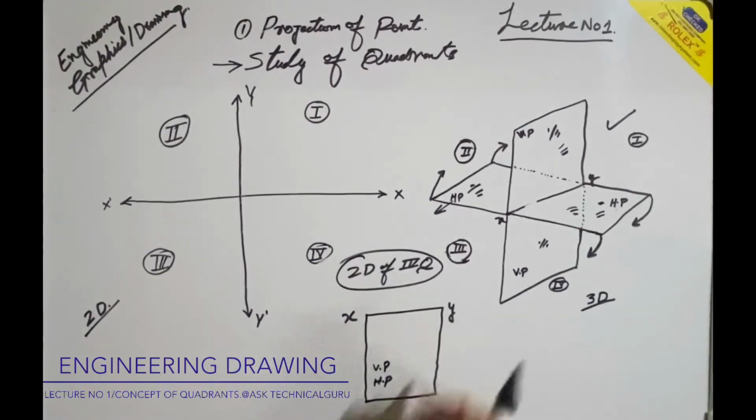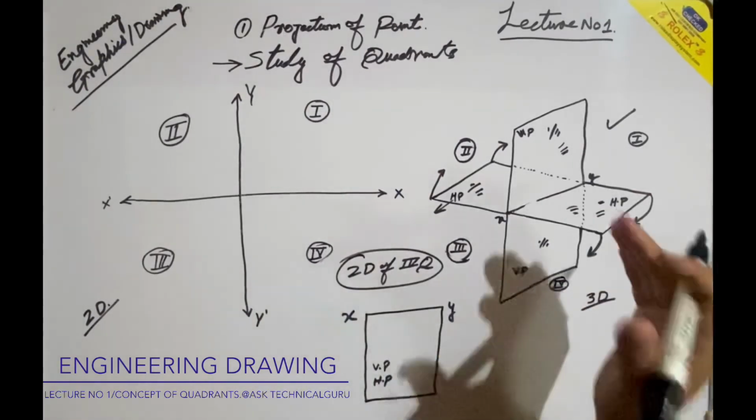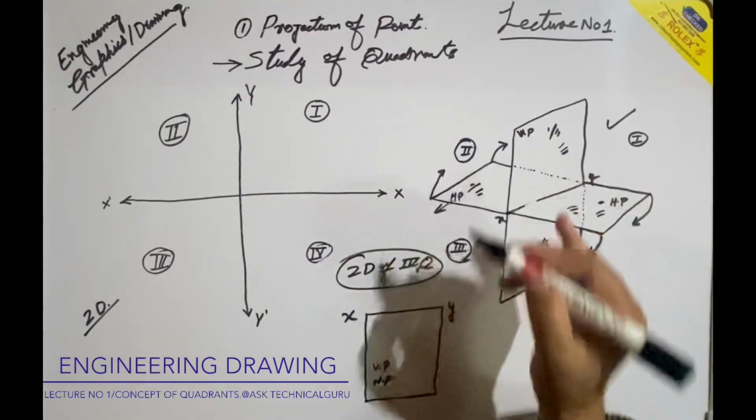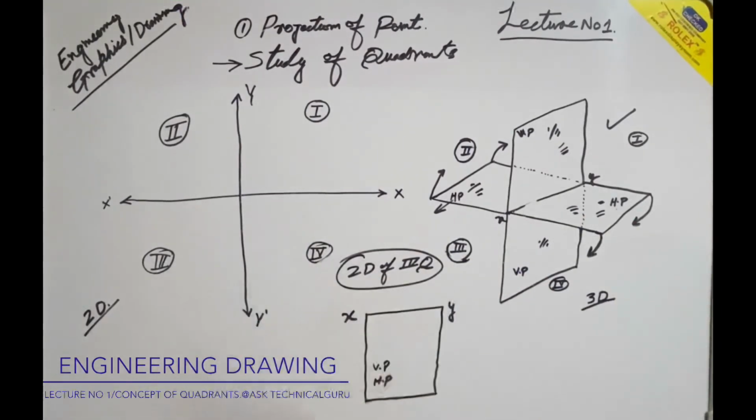So this is the basic concept about the quadrant systems: first quadrant, second quadrant, third quadrant, and fourth quadrant systems. And further in the next lecture we will see we are not going to make these boxes, means planes like this. We are simply supposed to make the XY line like this.